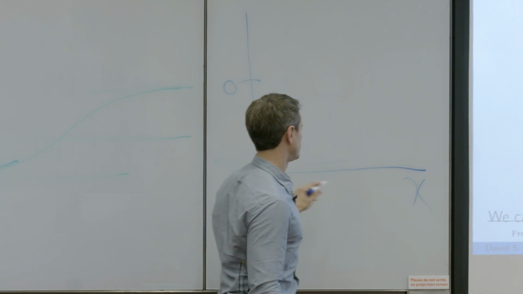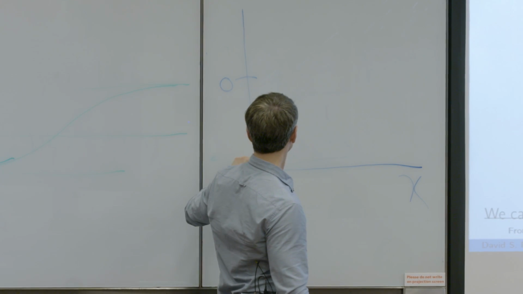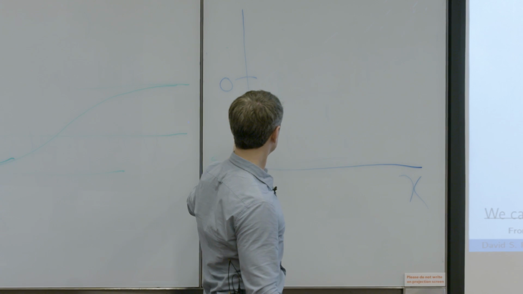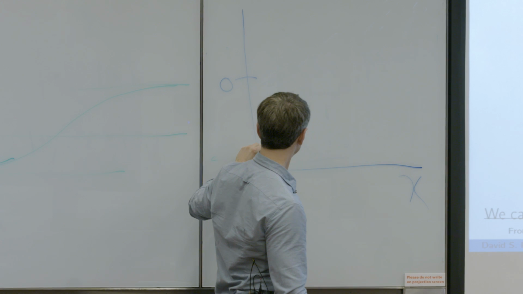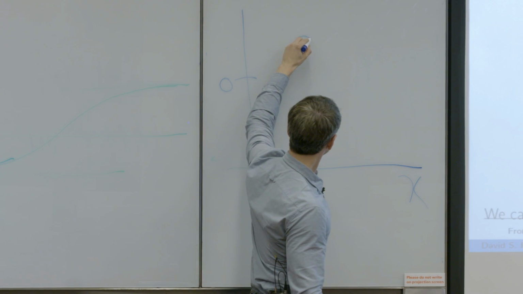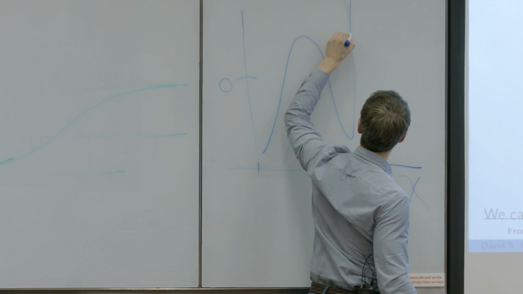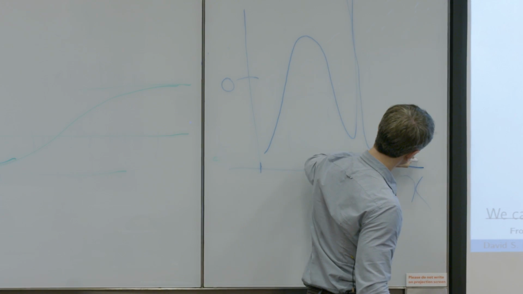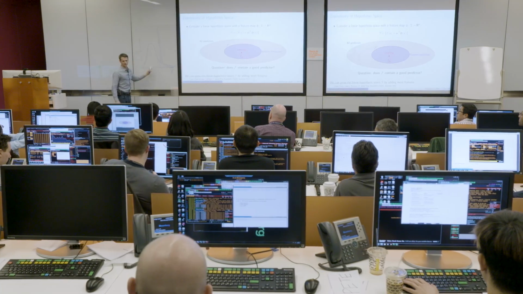Suppose there's some ordering, and our score function does something like, I don't know, a big spike. All right, so this is our score function as a function of x.